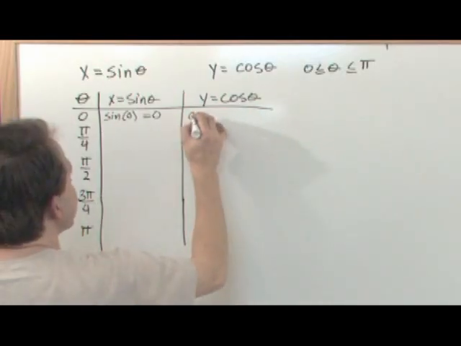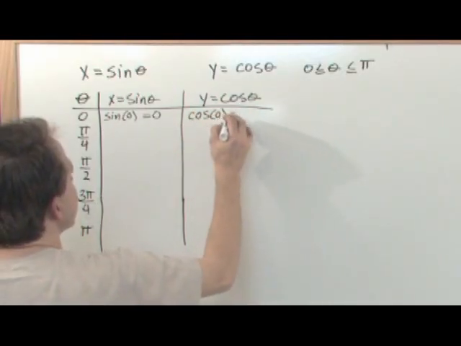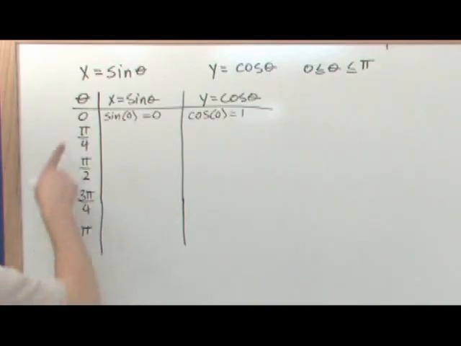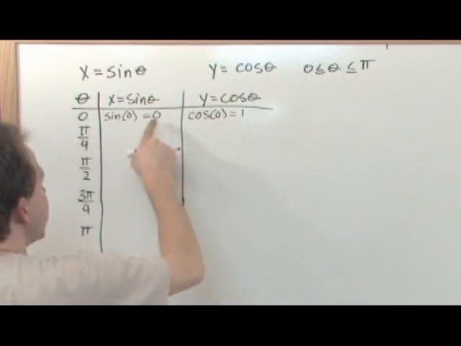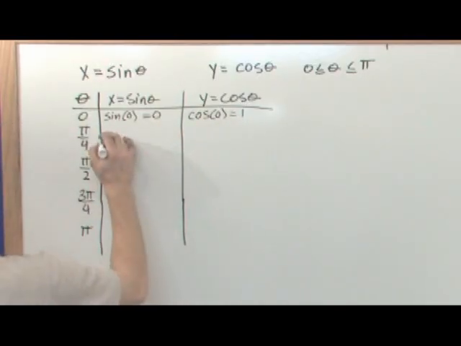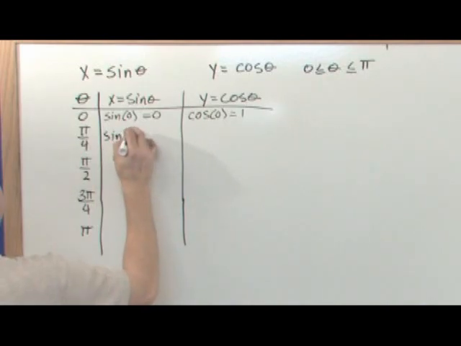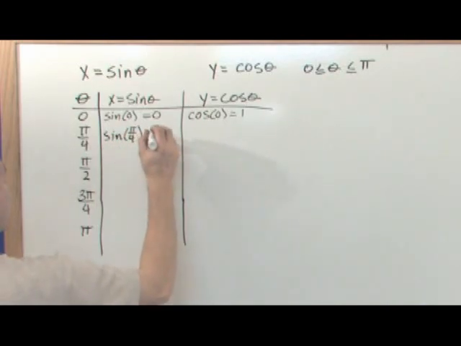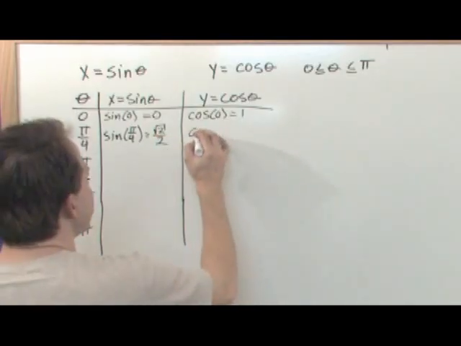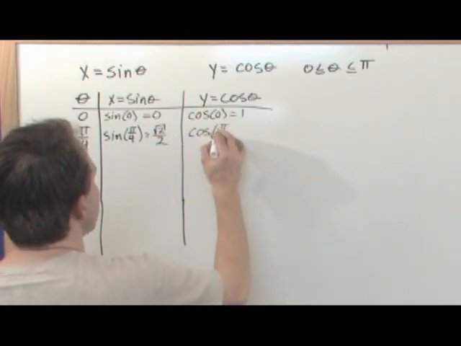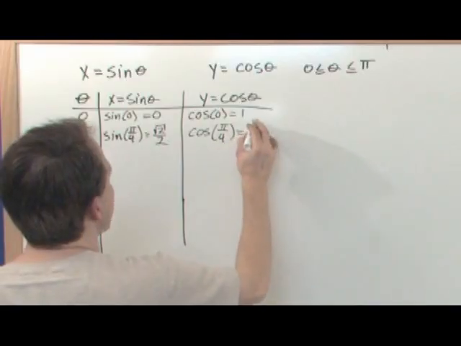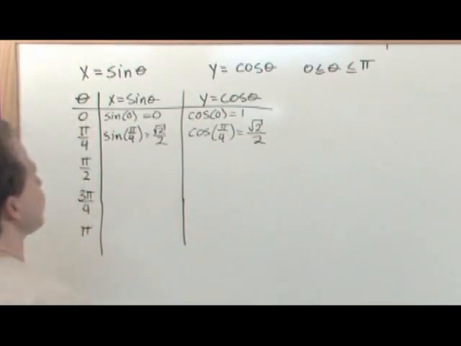For y, cosine of 0 is equal to 1. So at this angle of 0, x and y are given right here. The next one, sine of pi over 4 is square root of 2 over 2. You should know that one. And the cosine is the same thing. Cosine of pi over 4 is square root of 2 over 2.